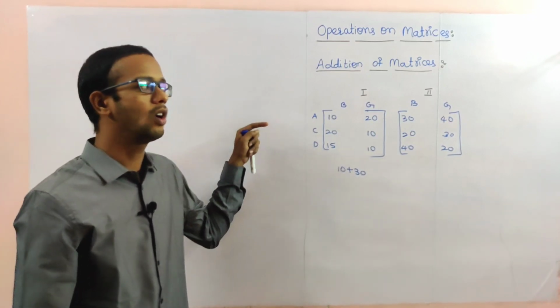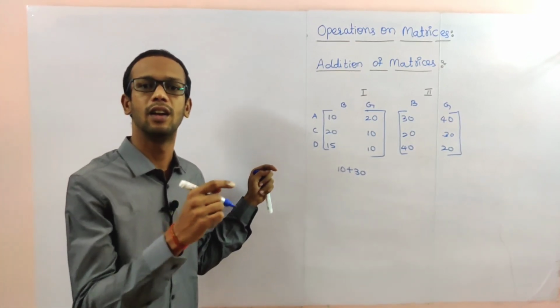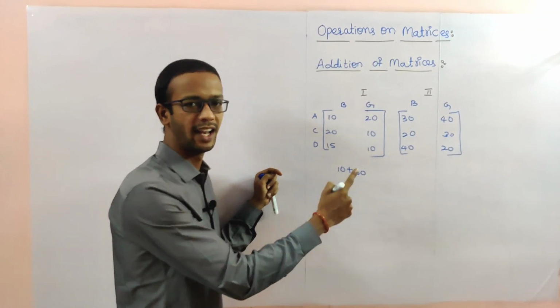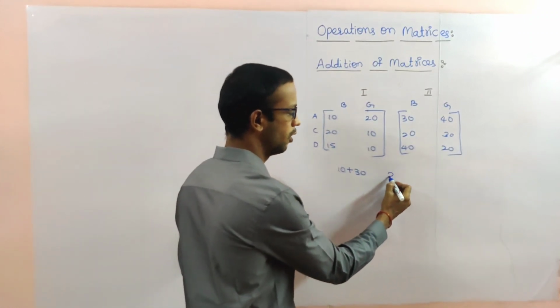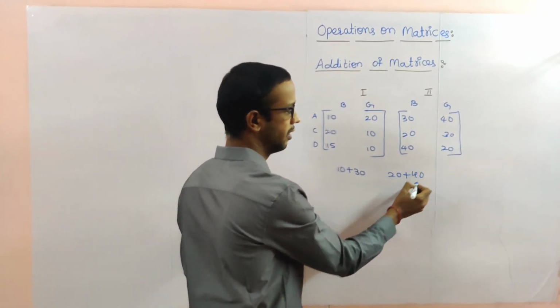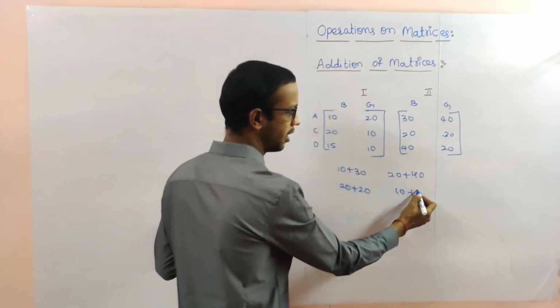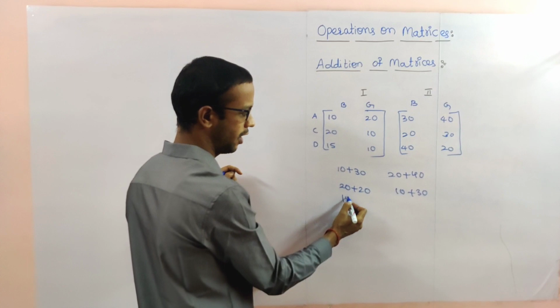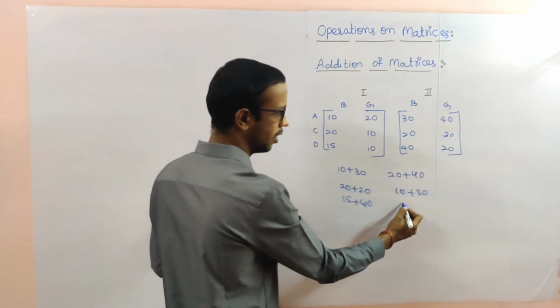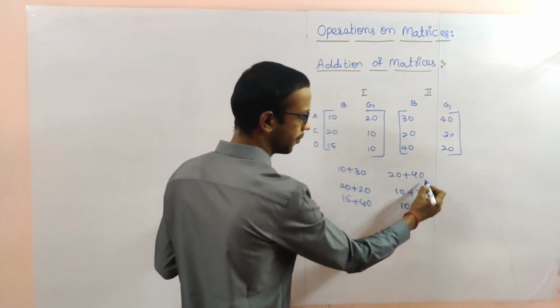Next, total number of girls in both colleges in A division, how will we do it? 20 plus 40. Similarly, 20 plus 20, 10 plus 30, next 15 plus 40, 10 plus 20.